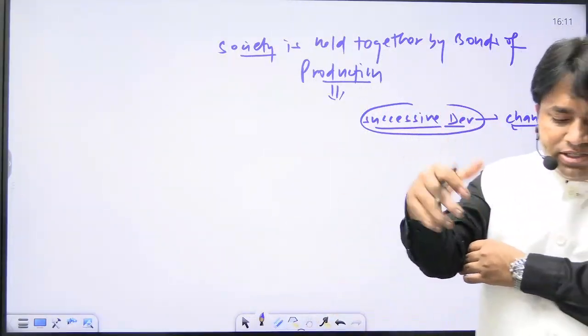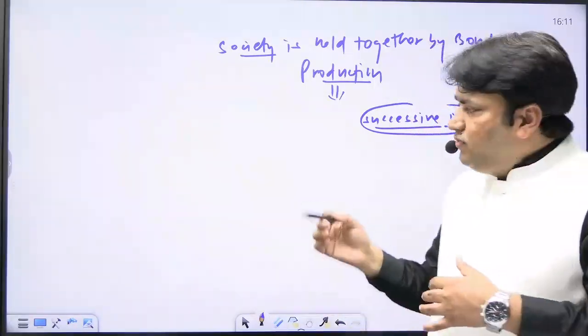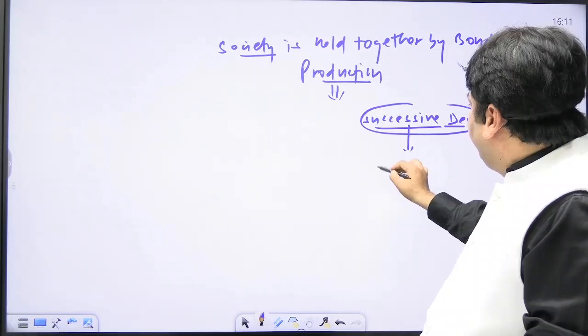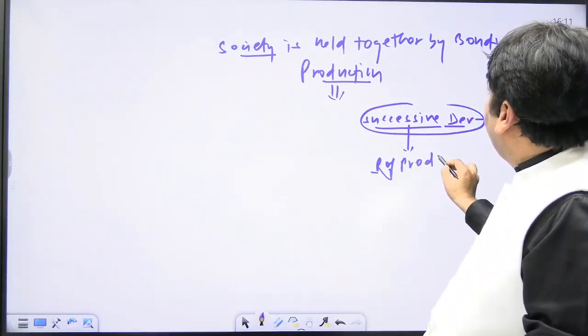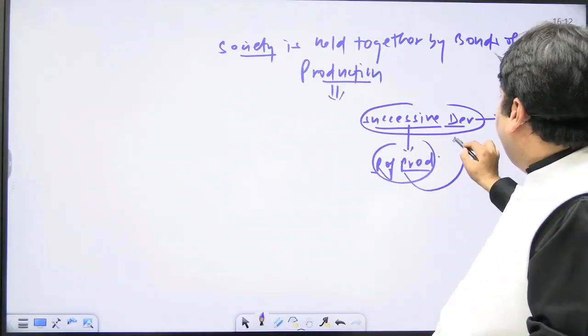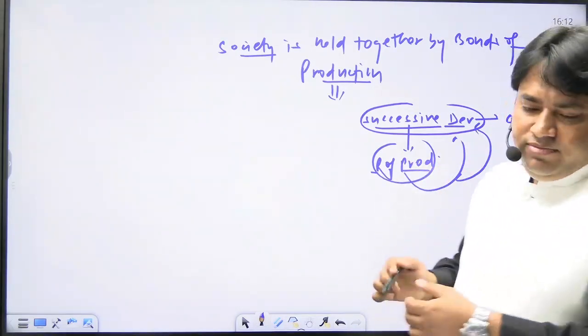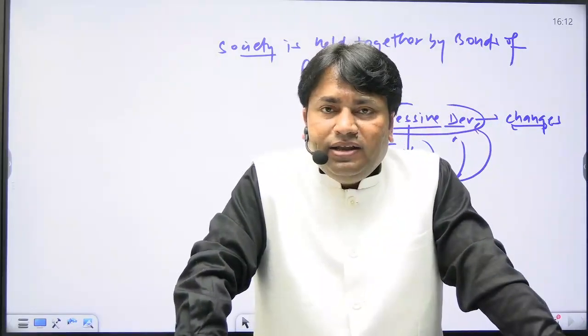We can understand it only by means of relations of production. When we apply this method of relations of production, we can get a better idea of the successive developments in history, whatever has happened in history.